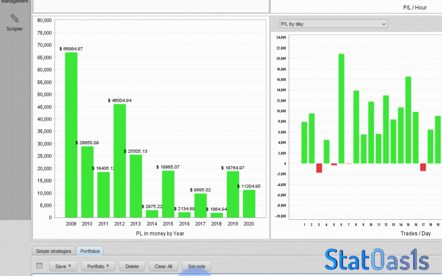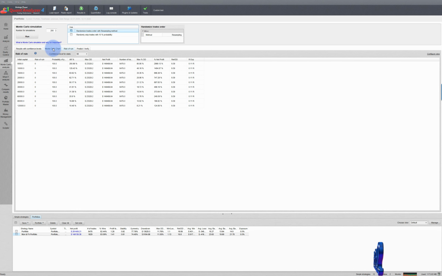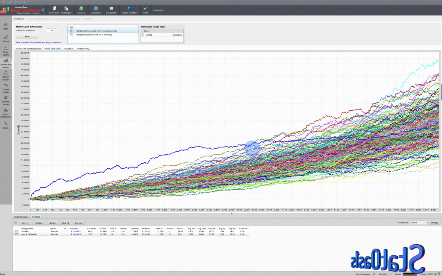So if you do a simulation on 250 simulations and just randomize the trades with resampling, we're just reshuffling the trades and you run the simulation and then you'll come up with these curves. And you can see I click on it and it just takes time to load. And this is only 250 curves. So with 5,000 curves, it took like 7 minutes probably.